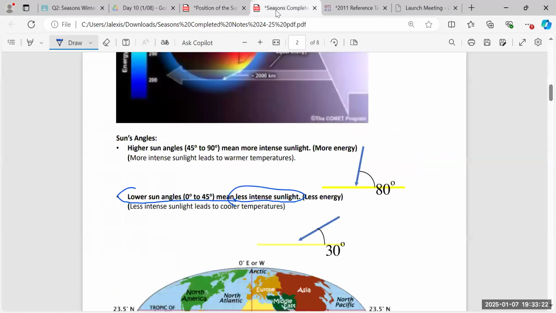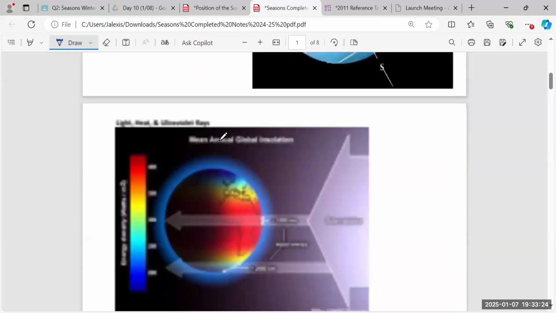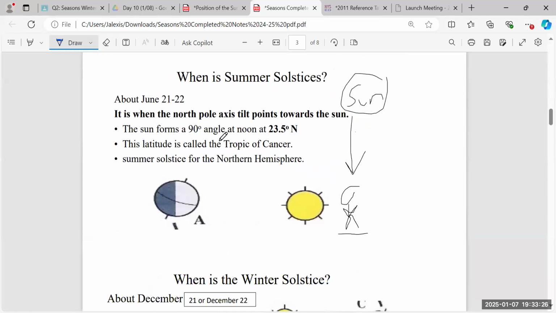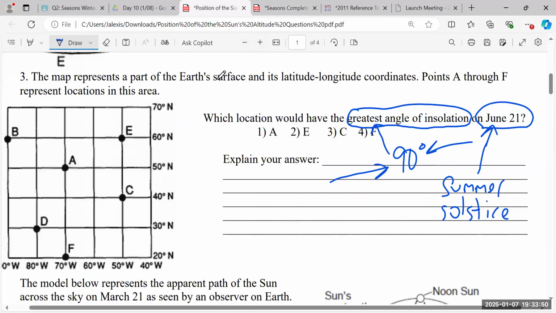So when I look at my notes on page 3, during the summer solstice, it says the sun forms a 90-degree angle at noon at 23.5 degrees north. That is our prize latitude. So I know that at 23.5 degrees north, the sun is going to be at the highest angle. Which location would have the greatest angle of insolation?